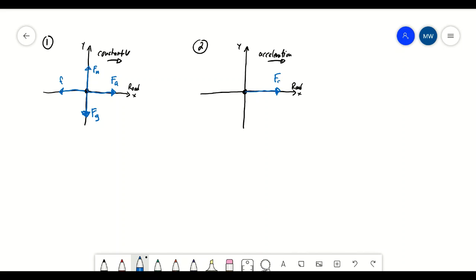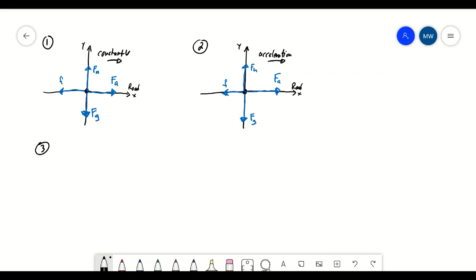We've got our applied force going in this direction, but because I know there's acceleration, I'm going to make sure that the frictional force is less. Right? And so we can see in this case, this force here, this vector is smaller than this one. We don't know how to turn gravity off, so we still have our force of gravity. And we've got our normal force supporting. And that's what we have for our second free body diagram for the car that's accelerating down the road.